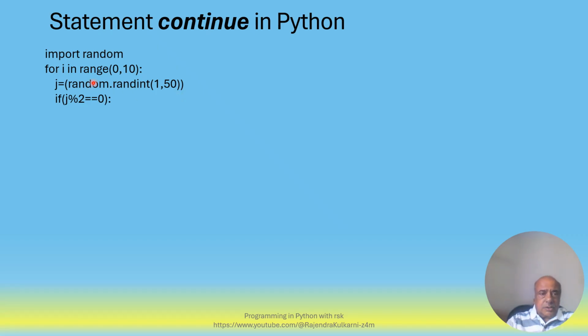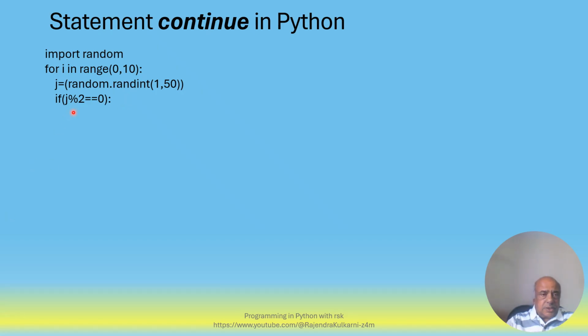So what j will get assigned is a random number generated between 1 and 49 by this randint method of the random module. In every iteration of the loop, when i increments from 0 up to 9, a new random number will be generated.